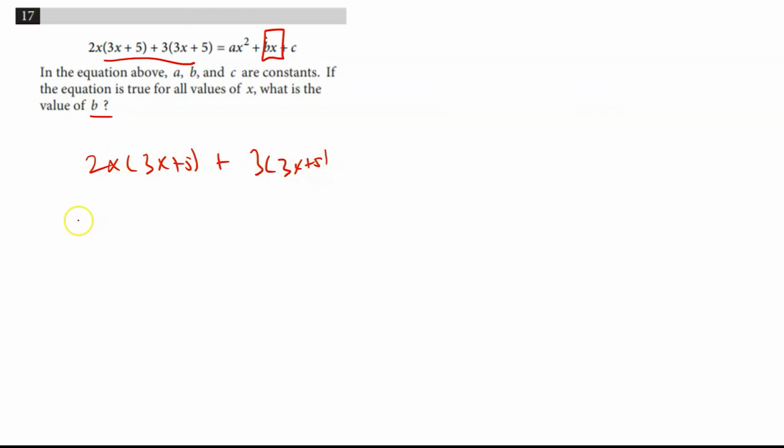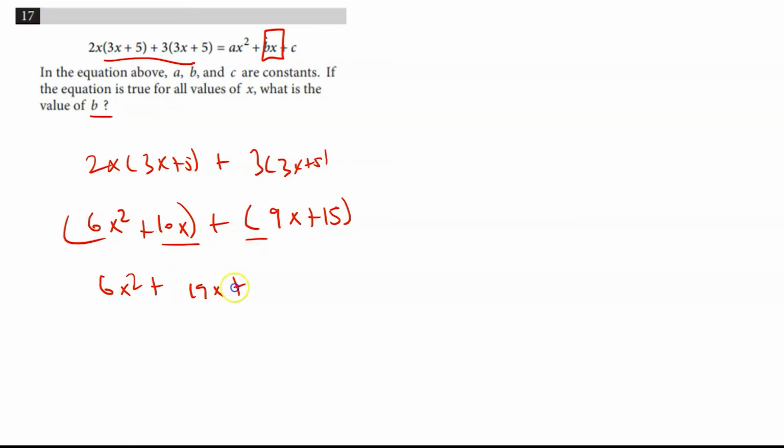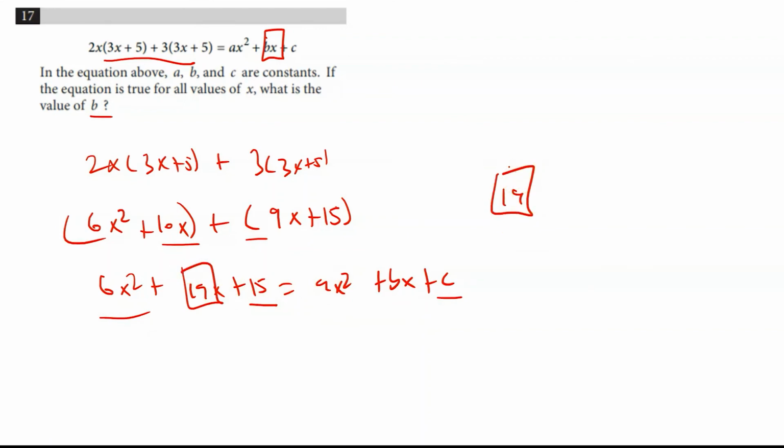This can be expanded to 6x squared plus 10x plus 9x plus 15. Combining like terms, we have that 6x squared plus 19x plus 15 equals ax squared plus bx plus c. We have constants here. We have our x squared term. That means 19 is our b value.